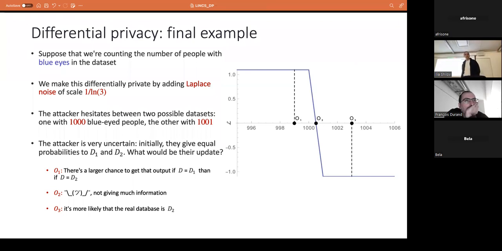And that's why the Laplace noise is so nice, because it has this beautiful shape. If it were Gaussian noise, for example, then it would have gone up in here. Gaussian noise can give you epsilon-delta privacy because you have to cut the tail a little bit. But we don't focus on it, we focus on Laplace noise, and that's why it's nice. So I hope everything is clear, yes?